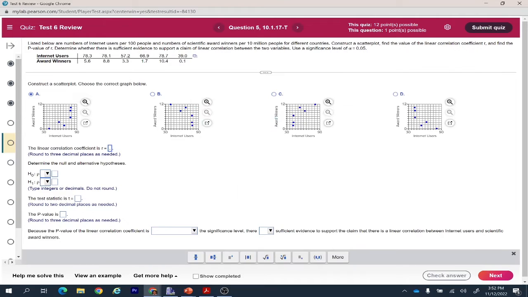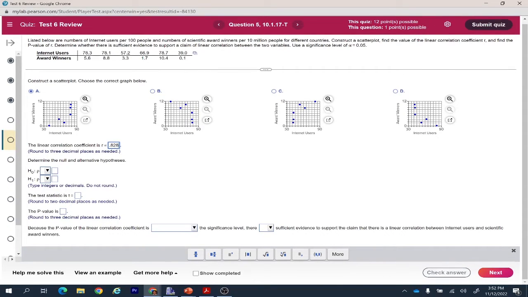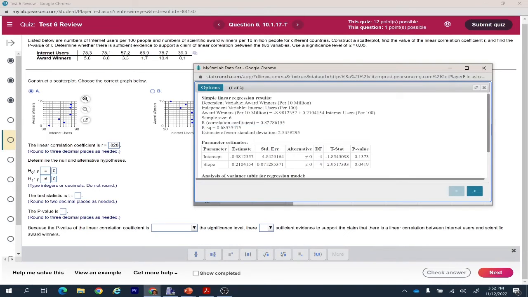So it's 0.828. Now for this correlation topic, the null hypothesis is always that rho equals 0, where rho is the population correlation, and the alternative is that rho is not equal to 0. Now from the very same table, we can find the test statistic by going to the second row, which is the slope.